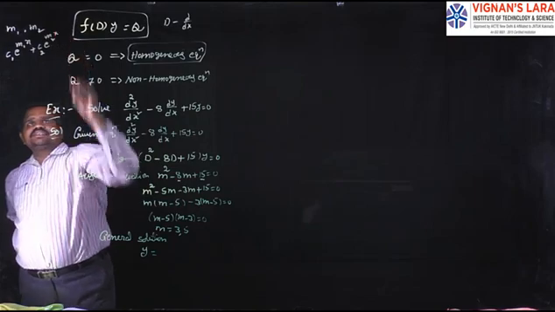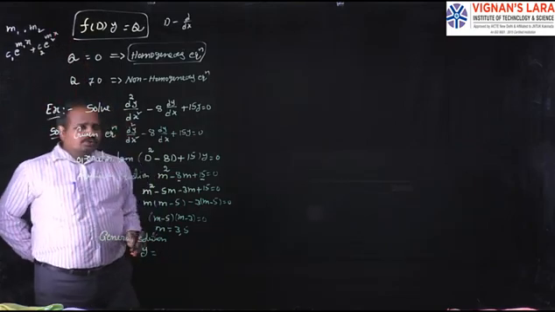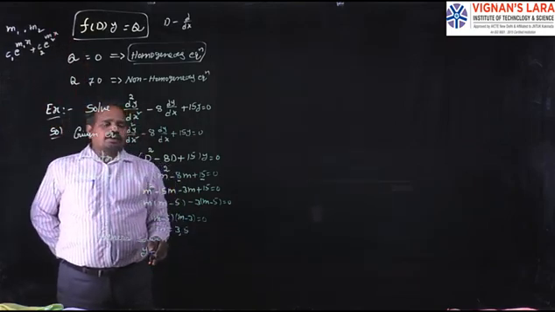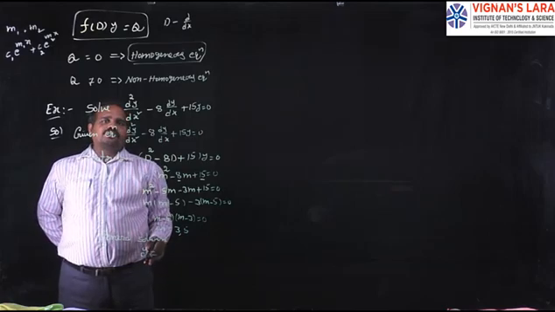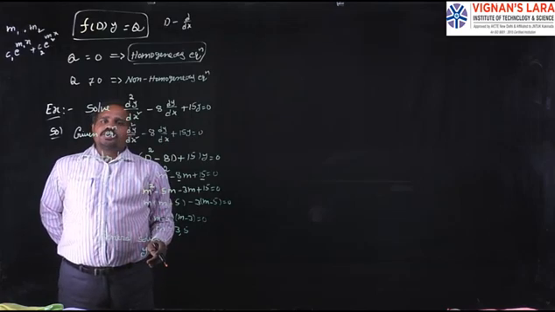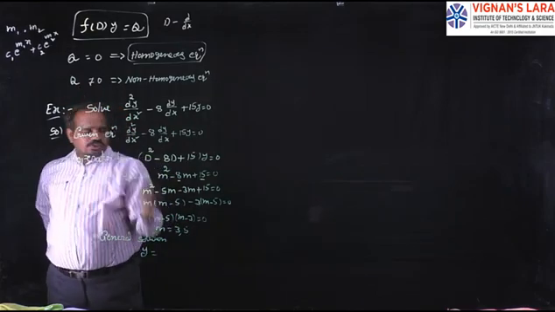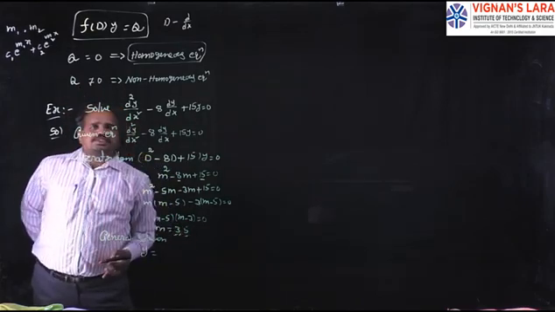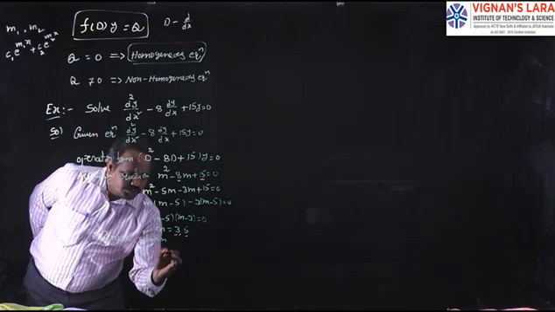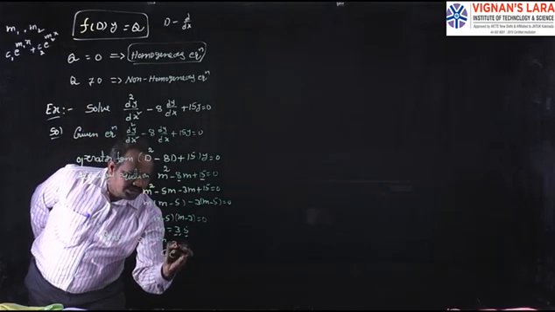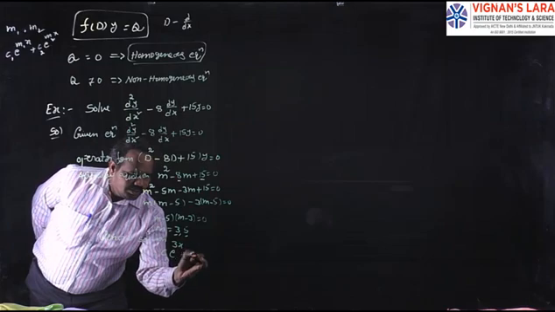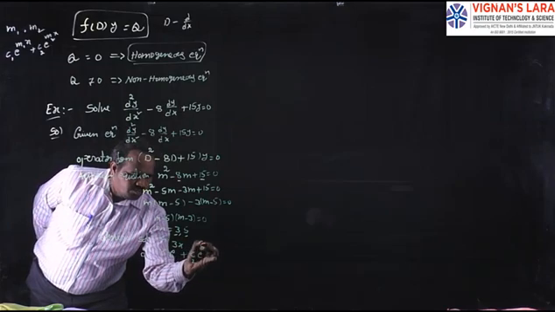In the last class I explained the different cases of roots: if all are real and distinct, if two roots are equal, if three roots are equal, real roots, complex roots, and the corresponding solutions. Here the two roots are real and distinct, so the corresponding solution is c1 e power 3x plus c2 e power 5x.